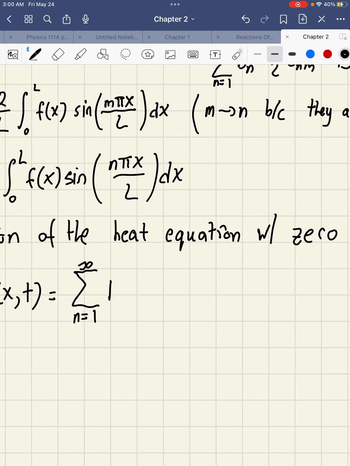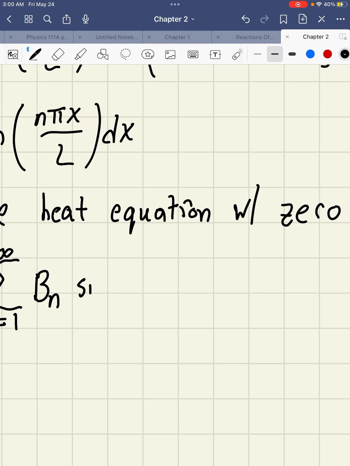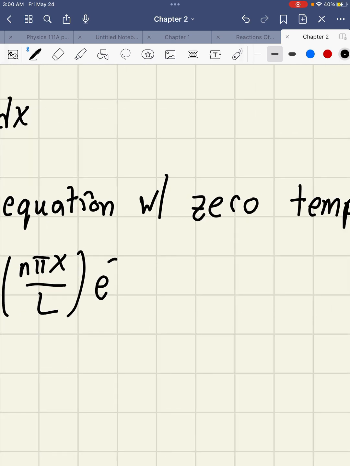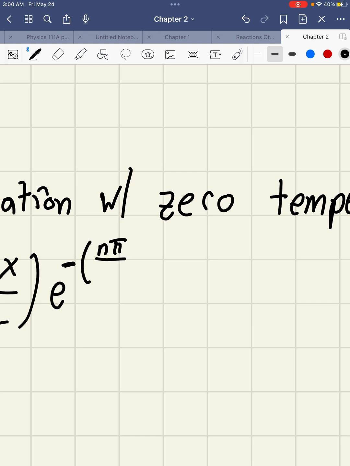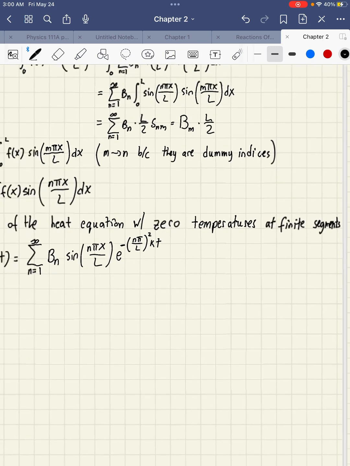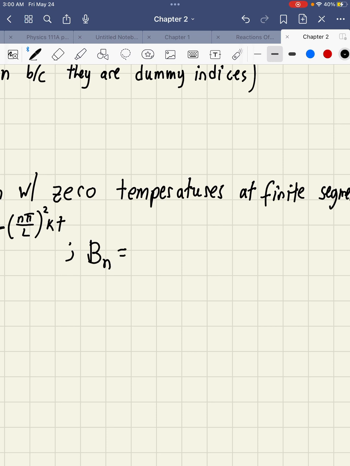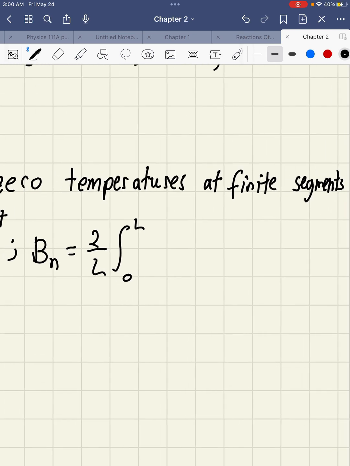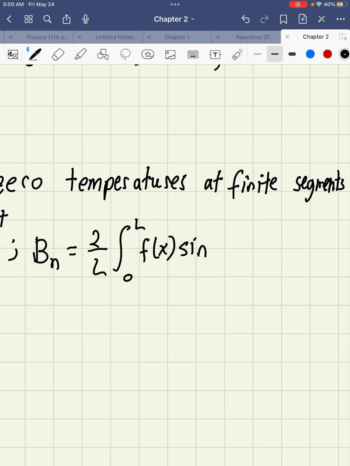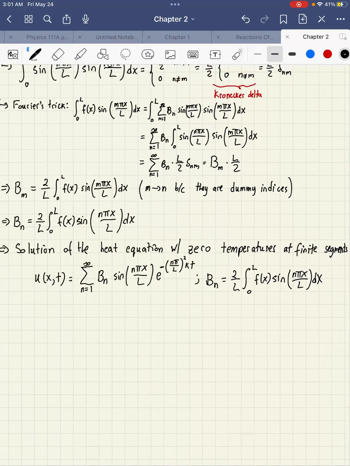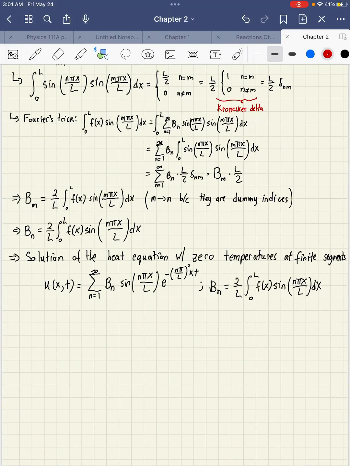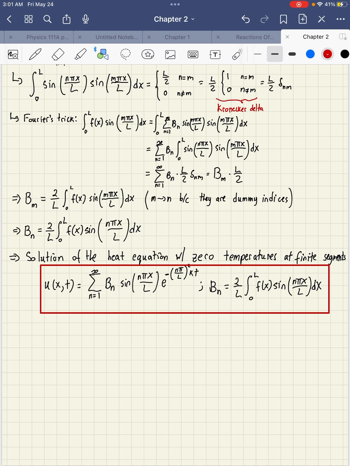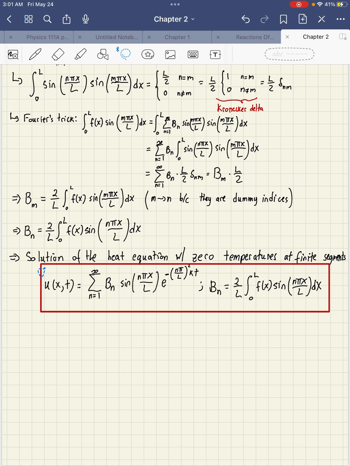I will just write the b of n here, of sine n pi x over L times e to the negative n pi over L squared k t, where my b of n is equal to 2 over L integral from 0 to L f of x times sine n pi x over L dx. So this is my solution for that PDE.